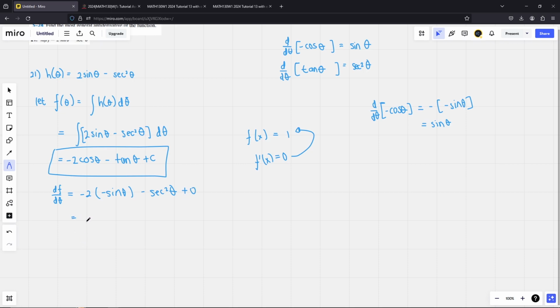So this would simplify into 2 sine theta minus secant squared theta, and as you can see, the derivative of f matches up with h, and that's how we know that this answer is correct.